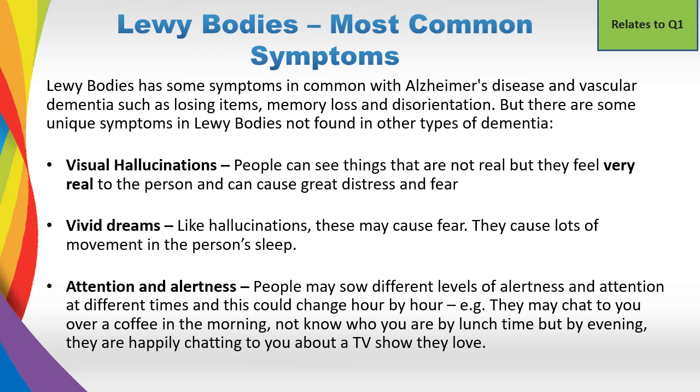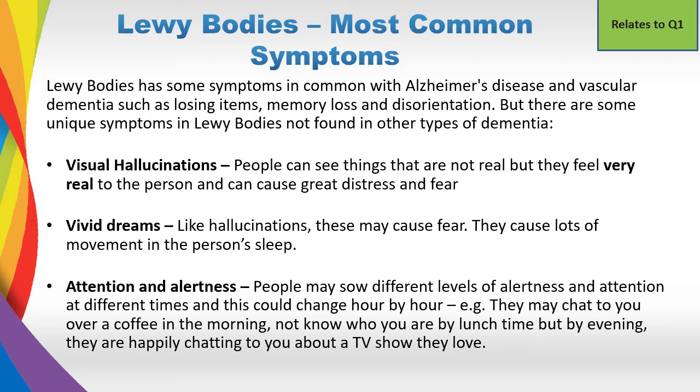They may also have vivid dreams, so just like the hallucinations, they may be very scary as well. This is what causes all that movement in the person's sleep, and because their sleep is affected, it's going to change their behaviour throughout the day. Attention and alertness: people may have different levels of alertness and attention at different times, and this could change hour by hour. They may be chatting to you very normally over a coffee in the morning, they might not know you by lunchtime, but by evening they're happy to talk to you again about a TV show that they love.